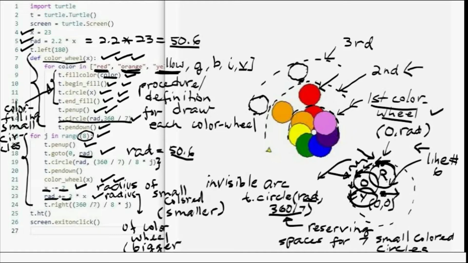So as you can see in the illustration on the right, the second color wheel has a bigger radius and a smaller circle. Okay, so that's basically the procedure here.